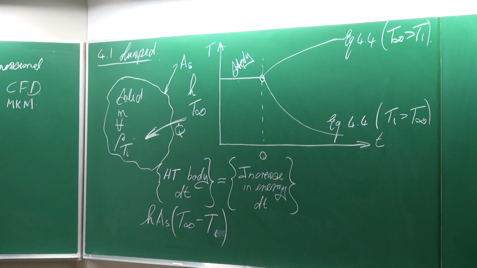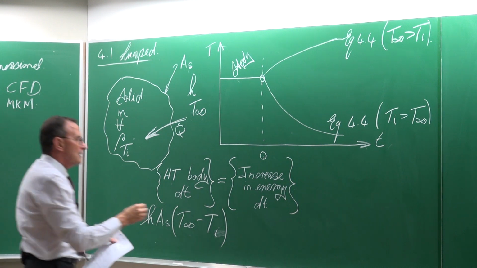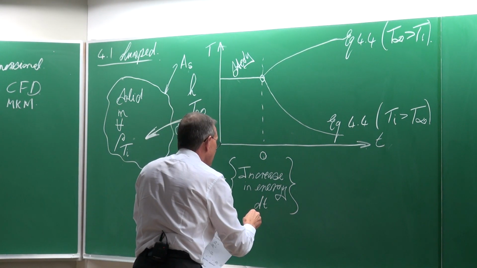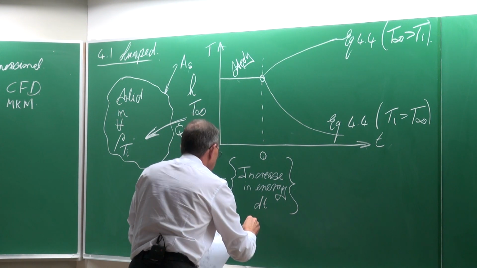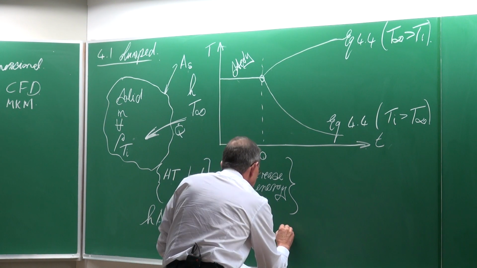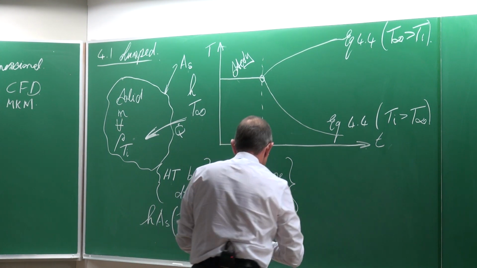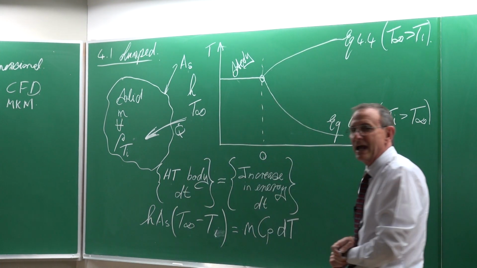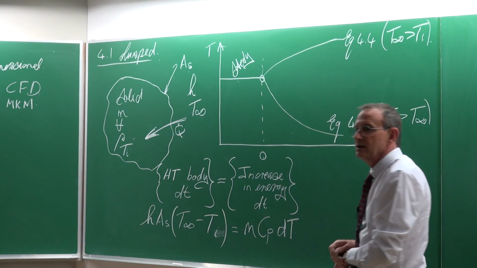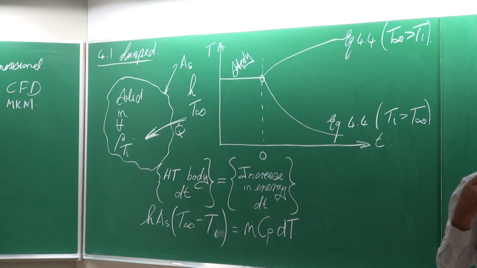So the heat transfer into the body is equal to the increase in energy, and that you've also done in thermodynamics as well as in physics, and that would be equal to the m, the Cp value at constant pressure (the pressure doesn't change), dT, the change in temperature.